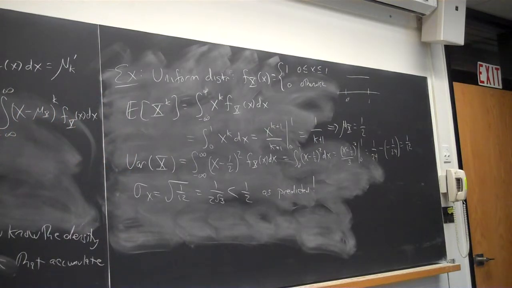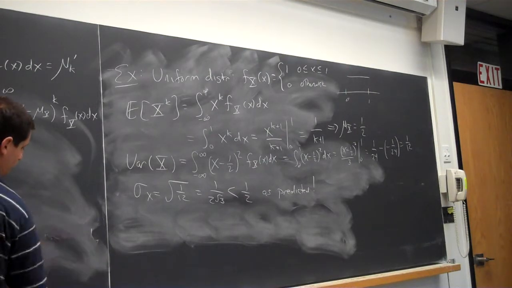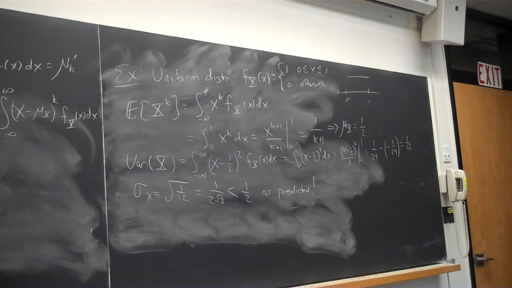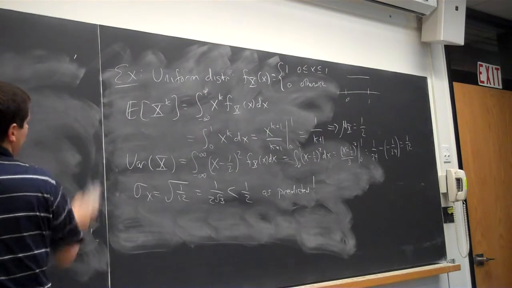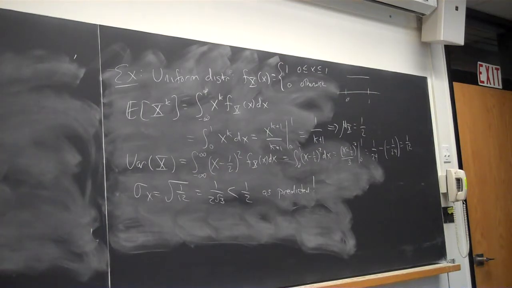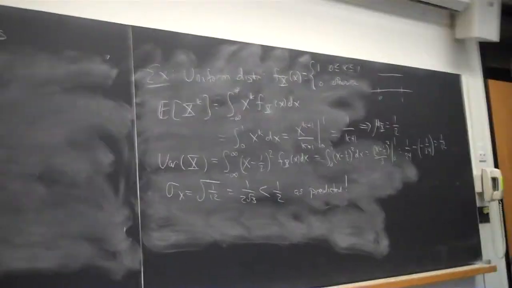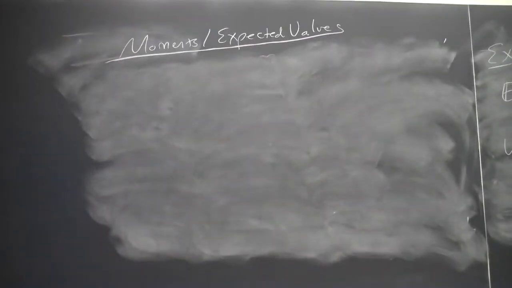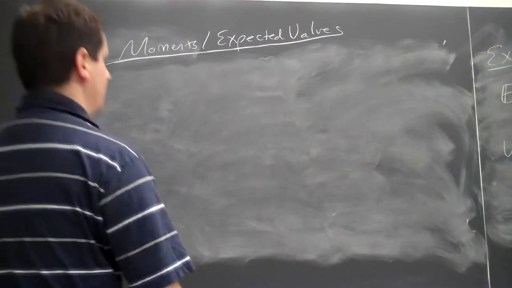So we've been able to calculate the expected value, we've been able to calculate the standard deviation. It turns out, there's a more convenient formula to calculate the standard deviation than doing this integral. So there's a shortcut approach. And so what I want to do now is I want to show you the shortcut approach.